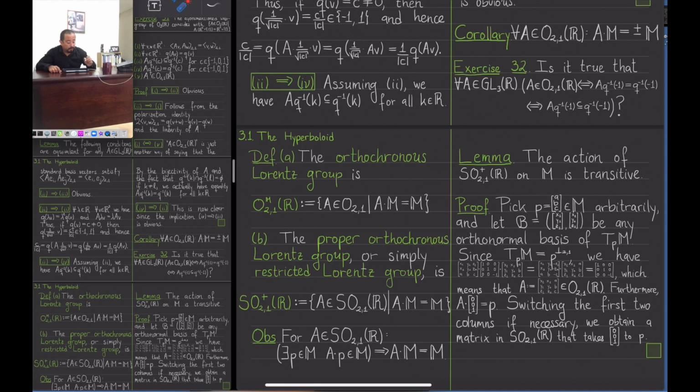Transitivity will then follow, because you can send something to the north pole, and then from the north pole to the other point.